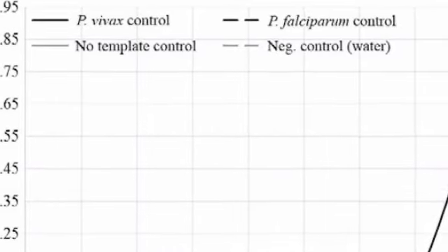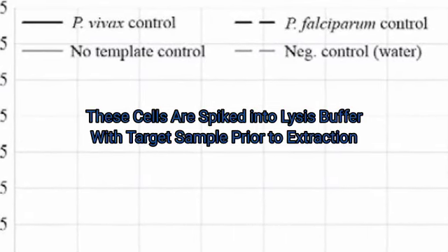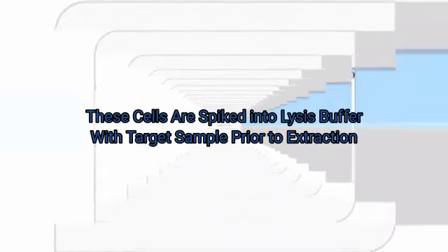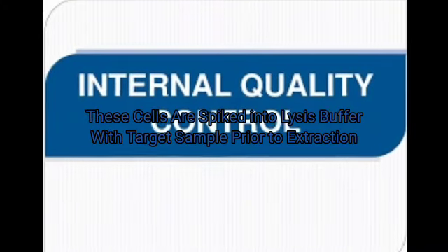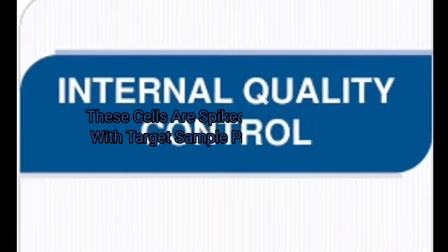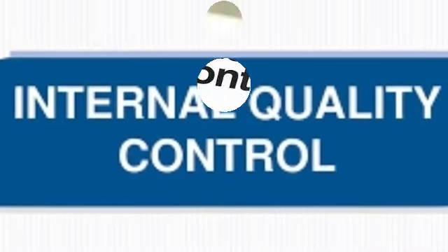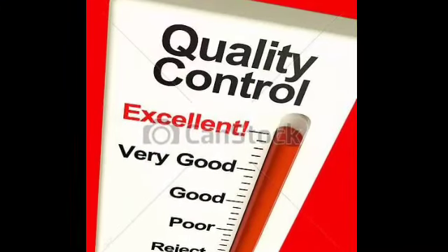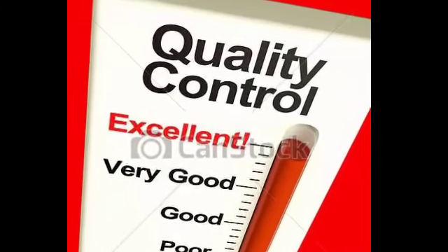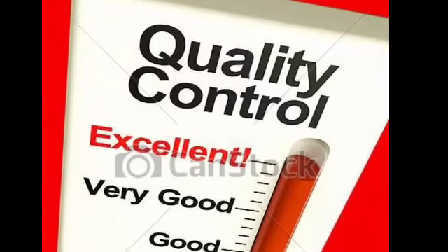These cells are spiked into lysis buffer with the target sample prior to RNA extraction. Following the extraction, the control mix, that is primers and probes, is added to the reaction mix prior to reverse transcription and amplification.